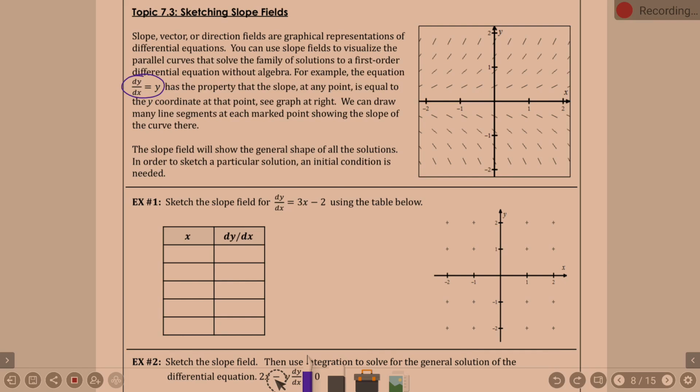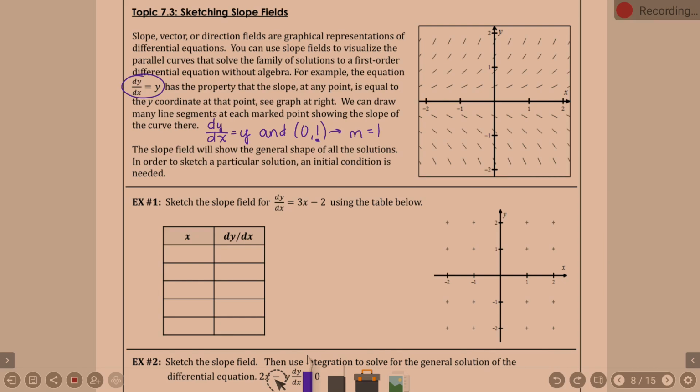So, for instance, when dy/dx equals y, if we use the ordered pair, say (0, 1), what's that tell me? The slope is going to be what? Well, if the slope is equal to y, what's my y value here? 1.